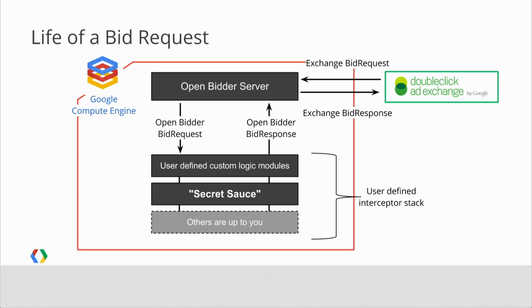OpenBidder receives this request and translates it into a normalized protobuf internal to OpenBidder. This is pretty nice. It lets you be flexible to support other exchanges. We don't want to be only tied to DoubleClick Exchange. This is an open source toolkit. Will be an open source toolkit.